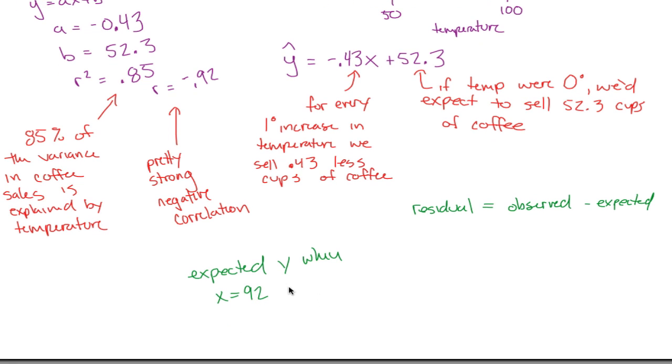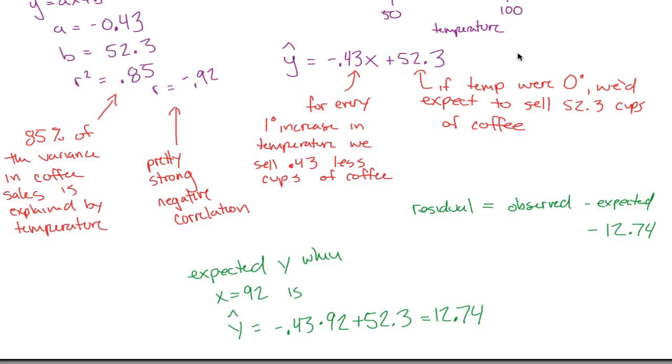What that would be, use the symbol y hat, and it's negative 0.43 times 92 plus 52.3. I cannot do that in my head, but I can put that into a calculator. Negative 0.43 times 92 plus 52.3. I got 12.74. So what we have is that our expected was 12.74.